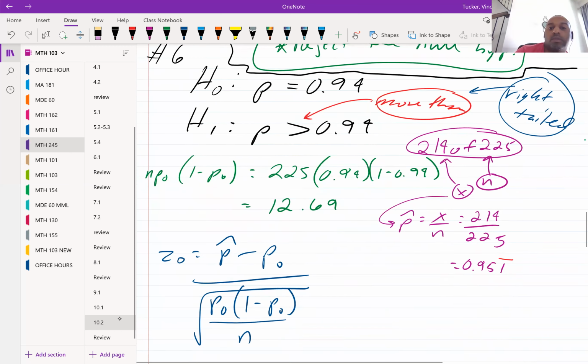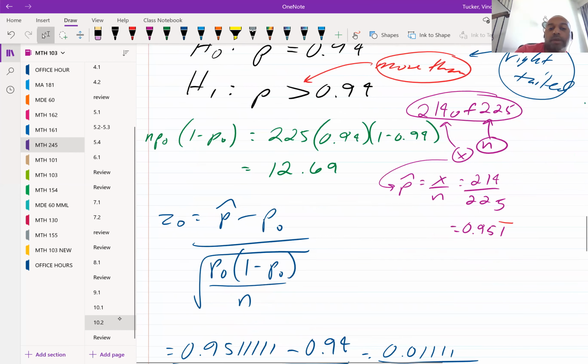All right. So now we have to find our test statistic, P hat minus P naught over the square root of P naught times 1 minus P naught over N. Once again, we have here, 1 is being repeated.